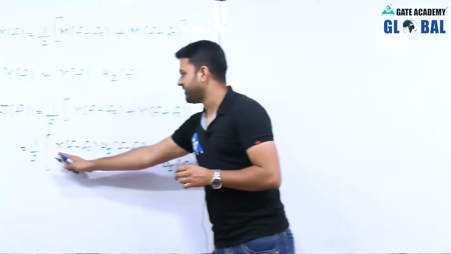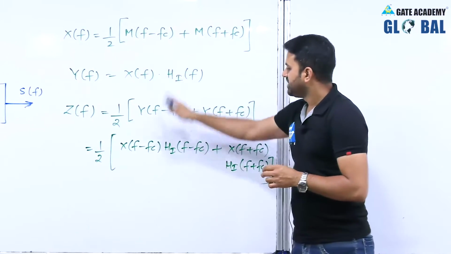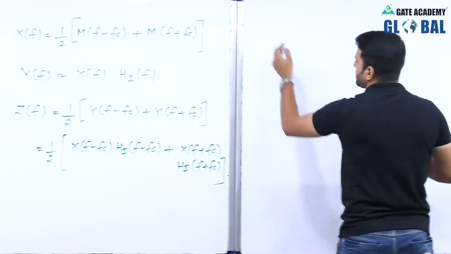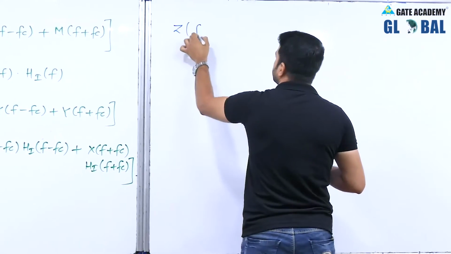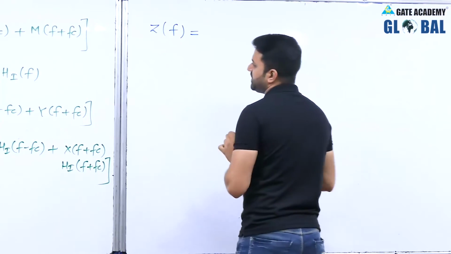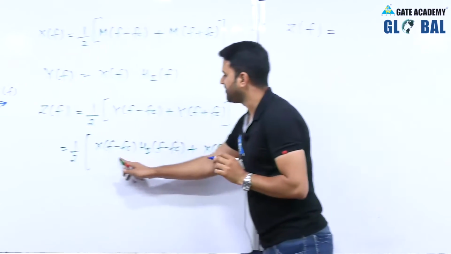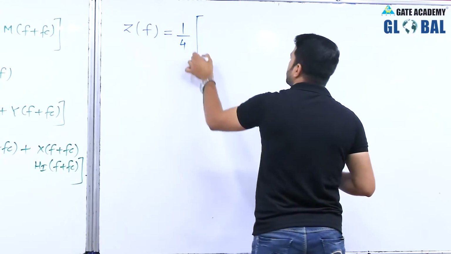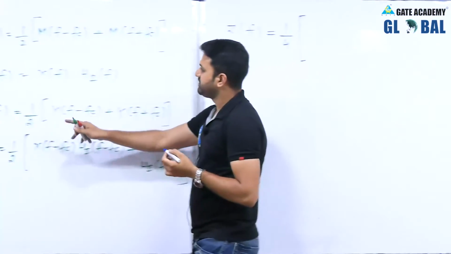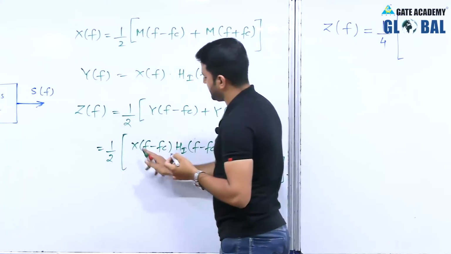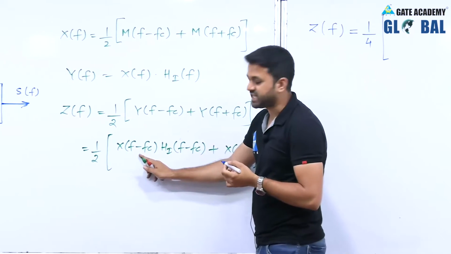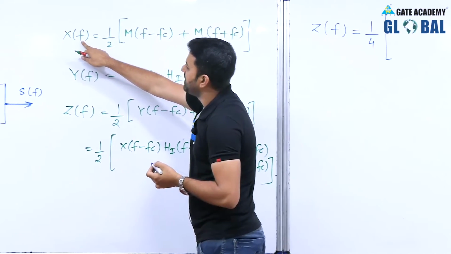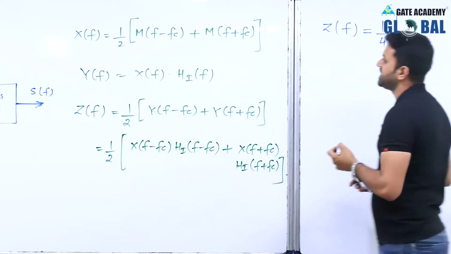Now we also know the value of X(f), so X(f − fc) we can calculate using this expression. So what will be the value of Z(f)? This Z(f) is X(f − fc), 1/2, so this is 1/4 now. We have X(f) and we have to calculate X(f − fc). So when I substitute f by f − fc, we get X(f − fc).